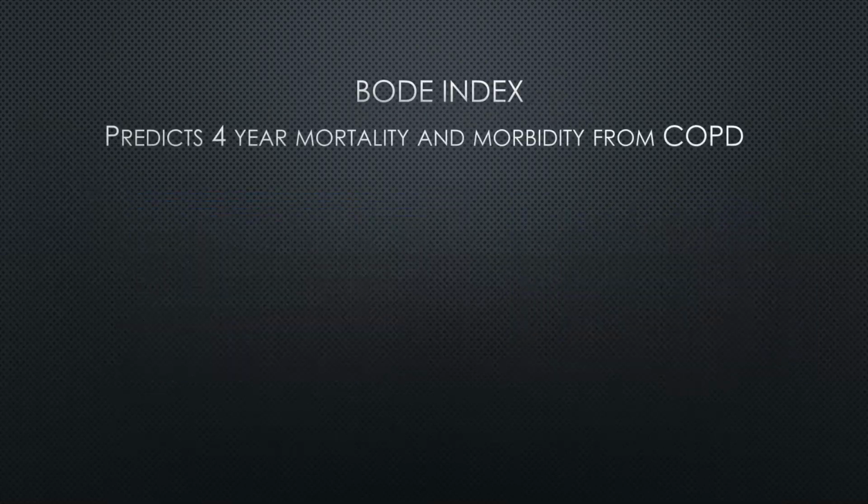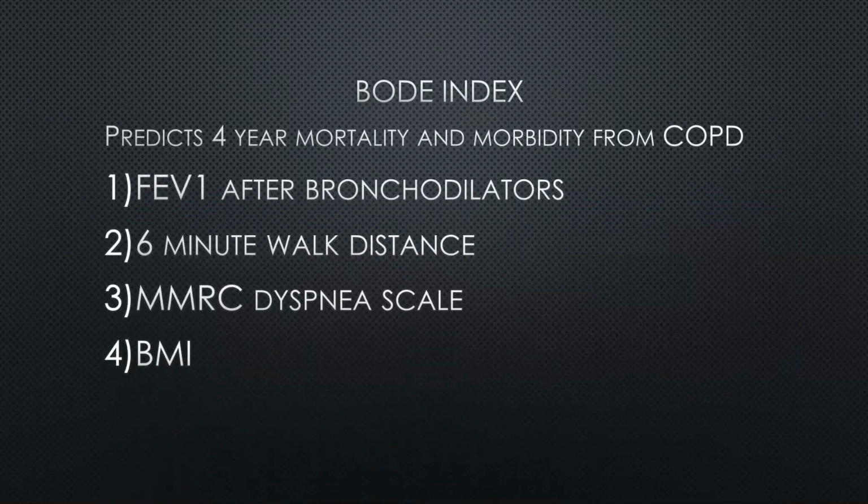So the BODE index predicts your 4-year mortality and morbidity from COPD. It has 4 criteria that it looks at. It looks at your FEV1 after bronchodilators. It looks at your 6-minute walk distance. It looks at your MMRC dyspnea scale, which is a self-reported measure of how they feel and how far they can walk, and then their BMI.